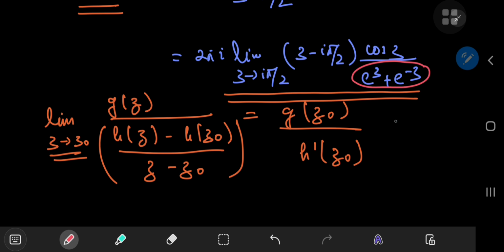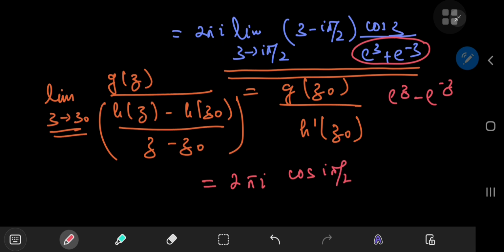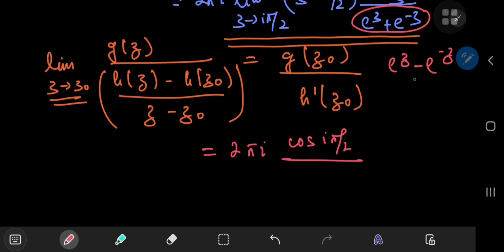The derivative checks out to being e to the z minus e to the negative z. So that means, continuing where we left off, we have 2 pi i times the cosine of i pi by 2 divided by this evaluated at z equals i pi by 2.